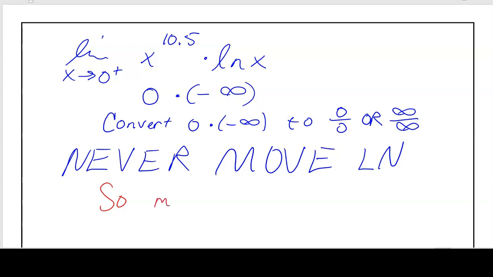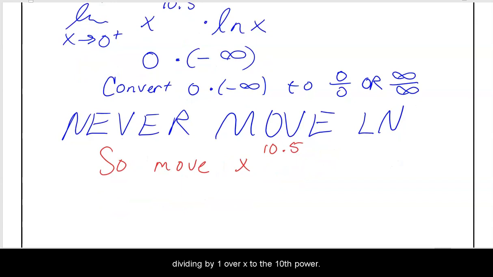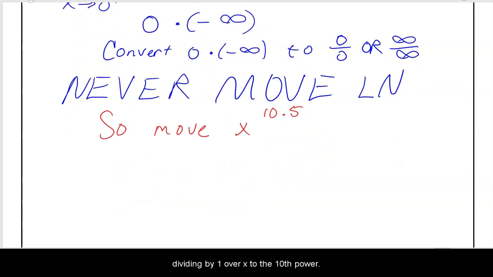So move x to the 10.5. Now, multiplying by x to the 10.5 is the same as dividing by 1 over x to the 10.5. So let me write that out.